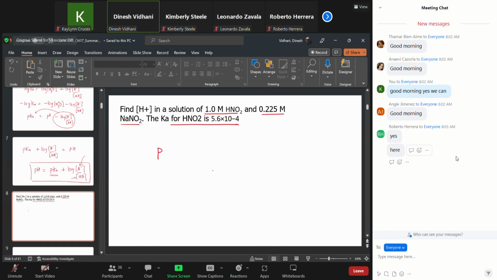Now, when you look at this equation, pKa plus log salt concentration divided by undissociated acid concentration. I'm just going to write it in a simpler form like this. A minus is a salt and HA is an acid, undissociated acid. So that's what we have here, right? Do we have the salt concentration?